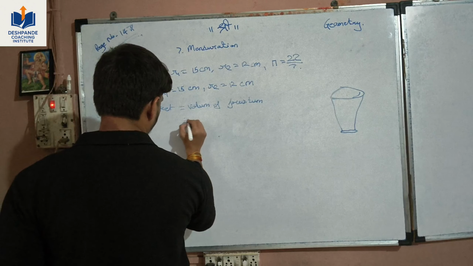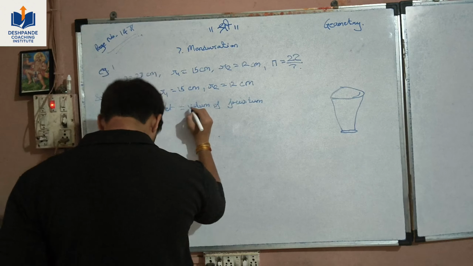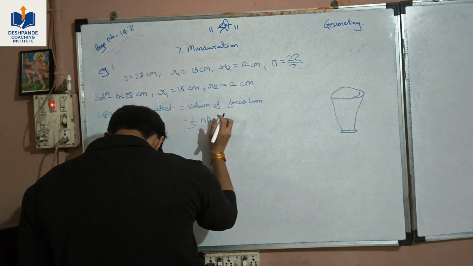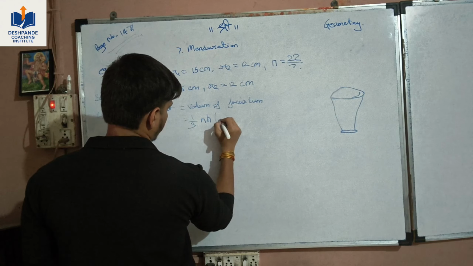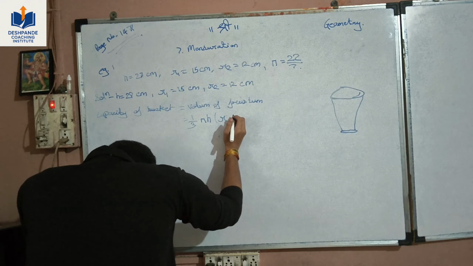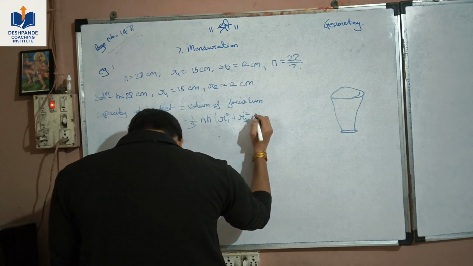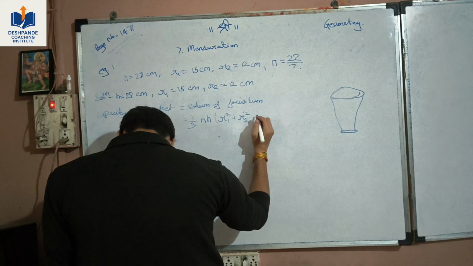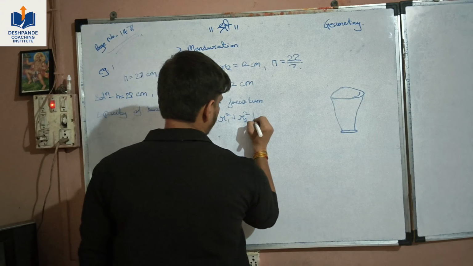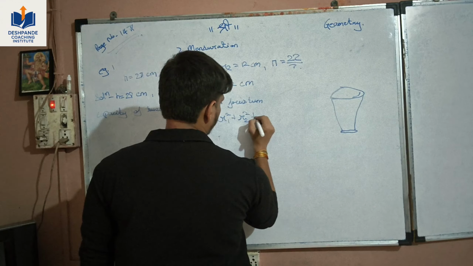So the formula for the frustum is 1/3 pi h in bracket r1 square plus r2 square plus r1 into r2.